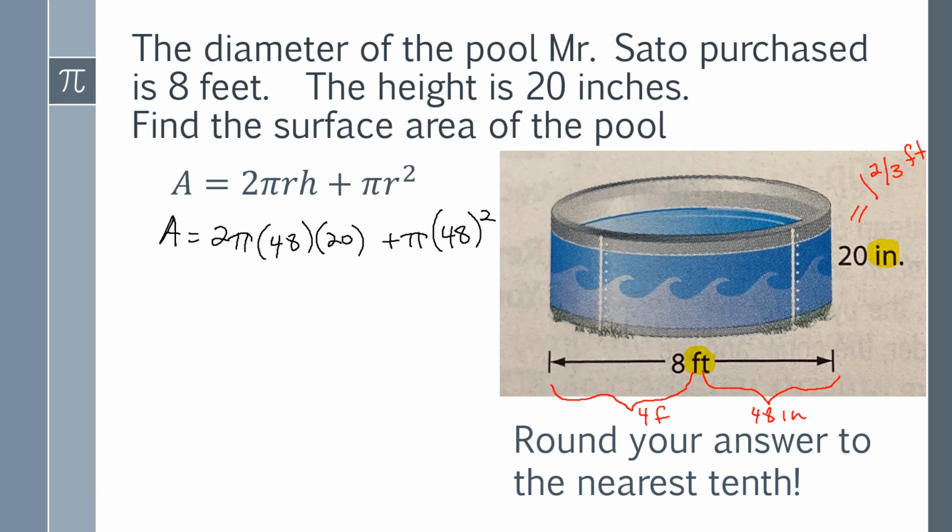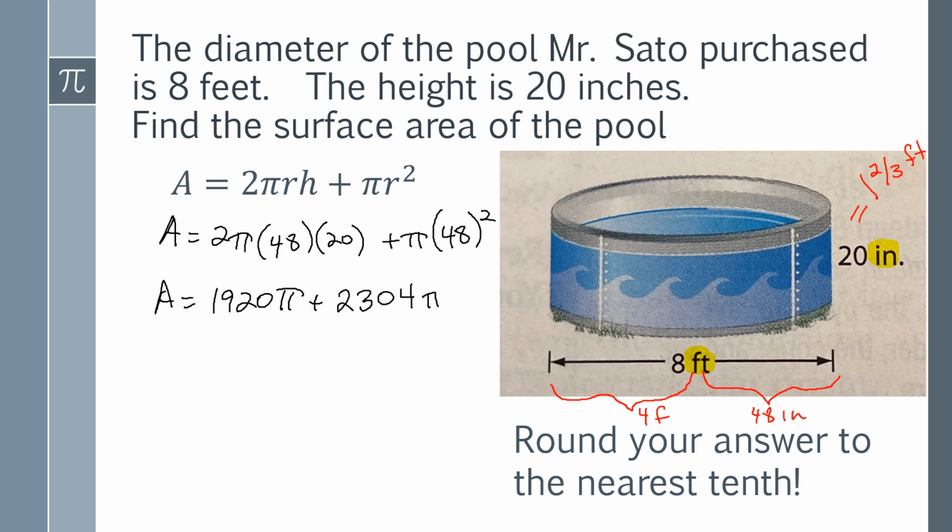So our surface area is 2 times 48 times 20, and that's 1,920 pi. Plus 48 squared comes out to 2,304 pi.